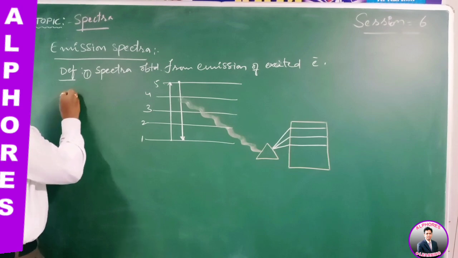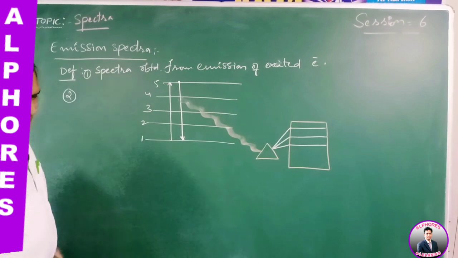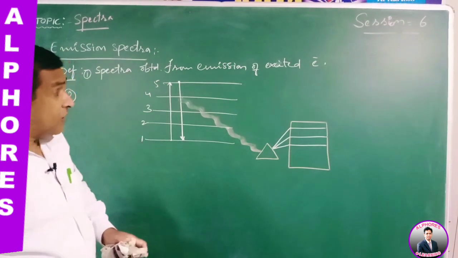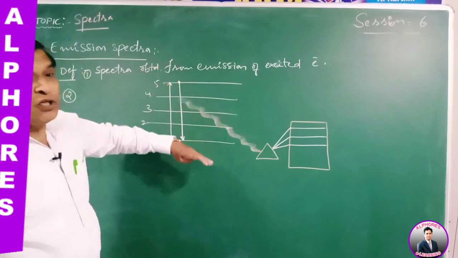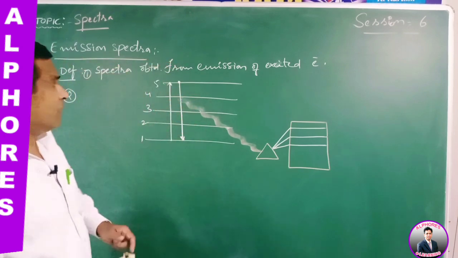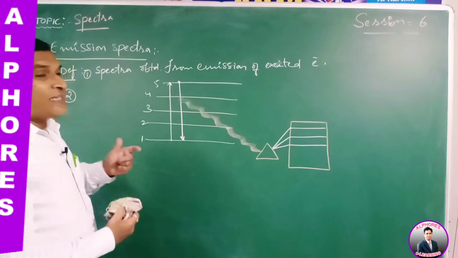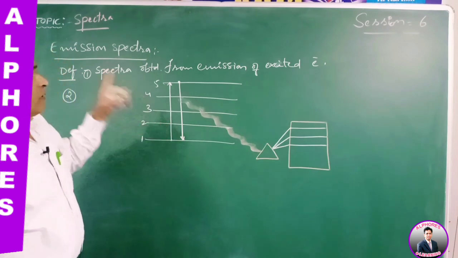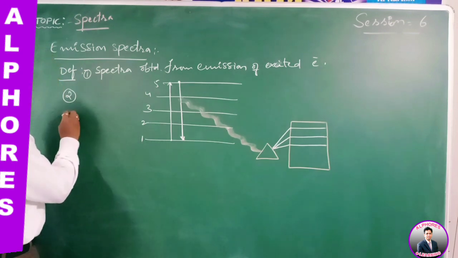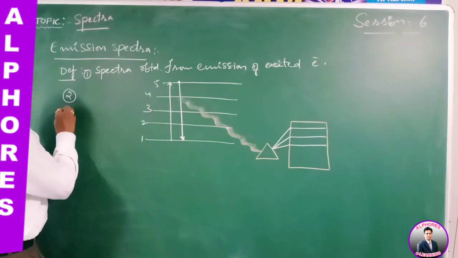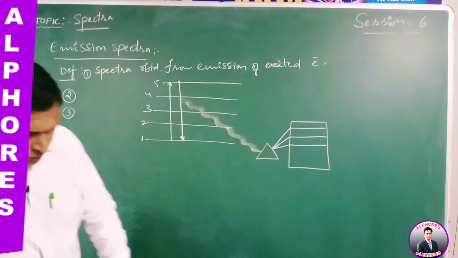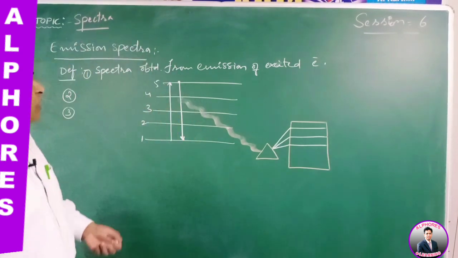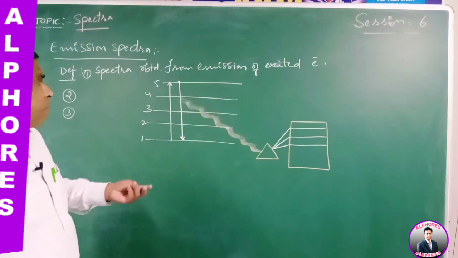And the second point, what we can understand: the emission spectra is formed during de-excitation of the excited electron. That is the second point we should remember. The third point: how can we recognize the emission spectra?